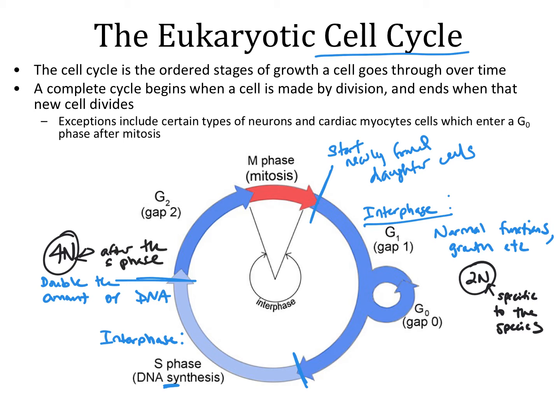You're then going to enter into something called G2. During G2, we're going to get ready for division. This is also part of interphase. So in the gap 2 phase, we prepare for cell division. And how much DNA does the cell have at this point?